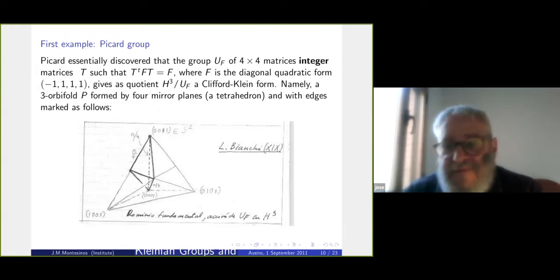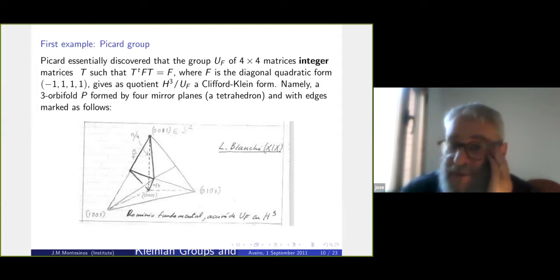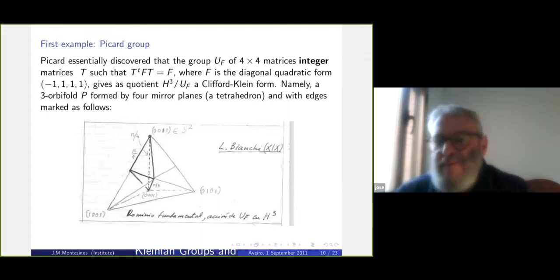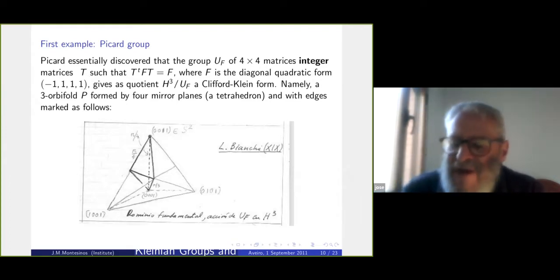Picard, a French mathematician, essentially discovered that the group of 4x4 matrices with integer coefficients that preserve the form F, that is, T transpose F T equals F, where F is the diagonal quadratic form (-1, 1, 1, 1), is related to the two-dimensional sphere.